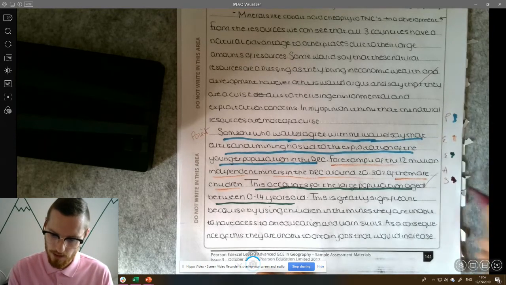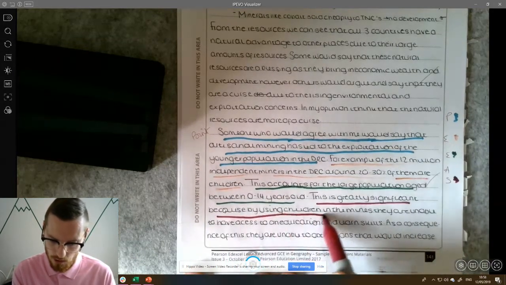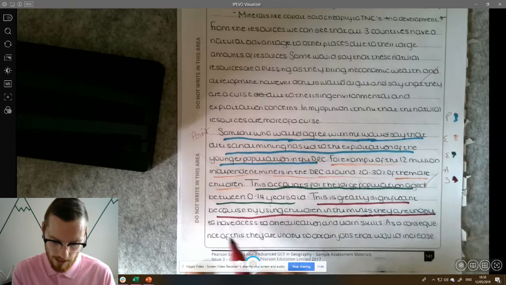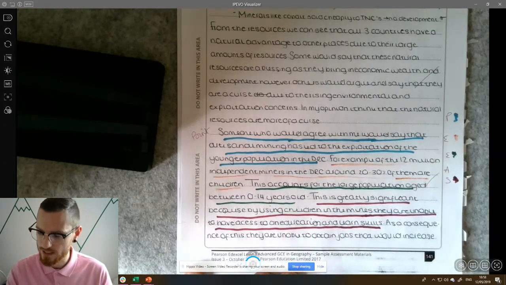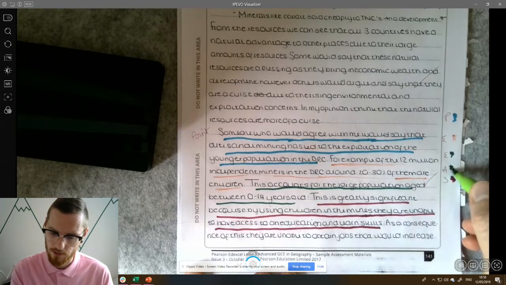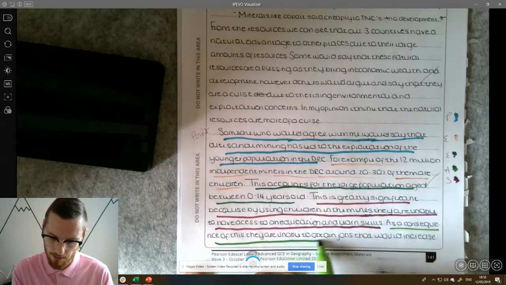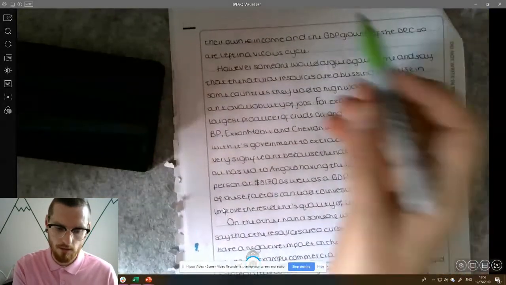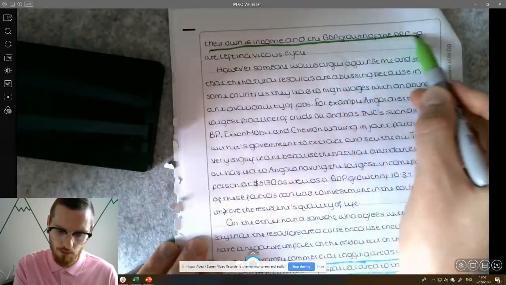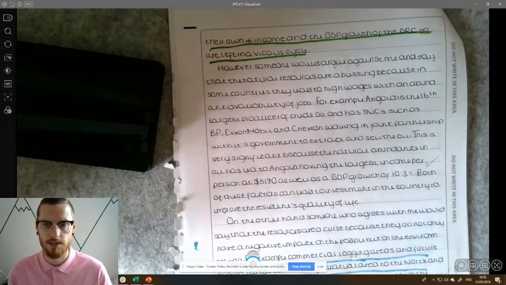This is greatly significant because by using children in the mines, they are able to have access to an education and learn skills. And I would say the student actually backtracked on themselves and did a bit of analysis at the end. As a consequence of this, they are able to obtain jobs that would increase their own income and the GDP growth of the DRC, so are left in a vicious cycle. It's a bit of analysis at the end there.